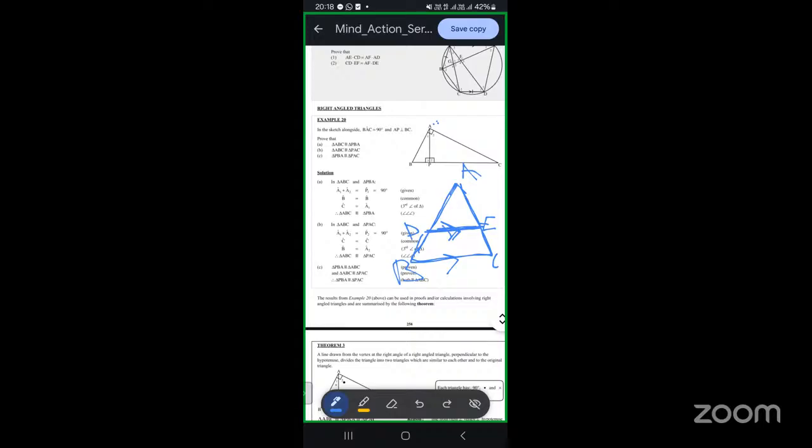In this triangle, you cannot apply the proportionality theorem. Yes, there exists a third line in the triangle here, but this line is not parallel to one of the sides of this existing triangle. Does that make sense? Yes. All right, thank you.